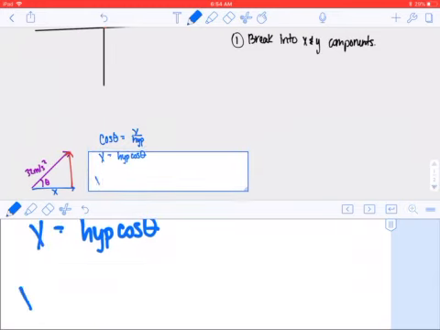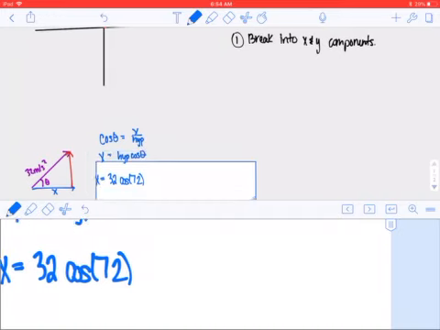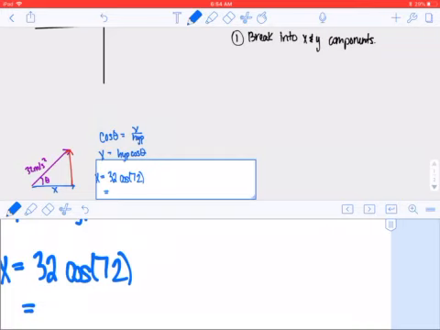For this particular example, the x component equals 32 times the cosine of 72 degrees. So go ahead and pause the video and figure out what that value is. You should get 9.89 meters per second squared.